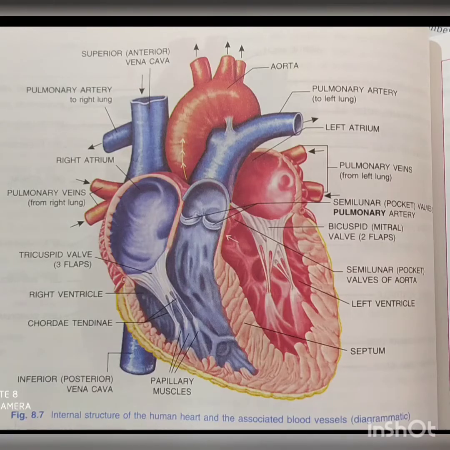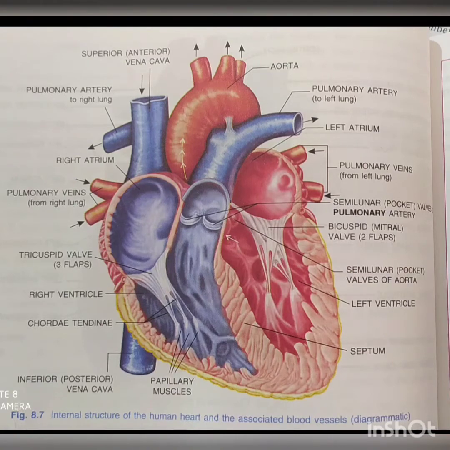In the heart, due to the presence of valves, the blood flows unidirectionally. Due to continuous contraction and relaxation of the heart, the blood circulates within the heart as well as throughout the body.